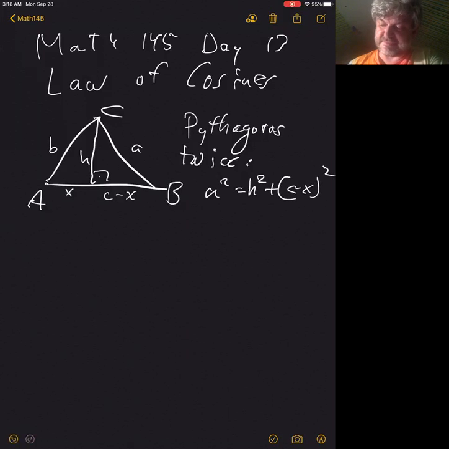That's the triangle from the foot point of the perpendicular of h over to B up to C. And then on the left side, we've got triangle AFC, and there the hypotenuse is b. b squared is x squared plus h squared.